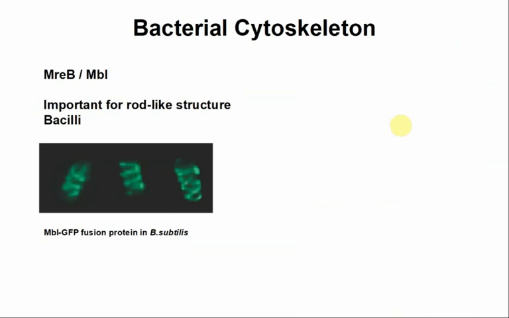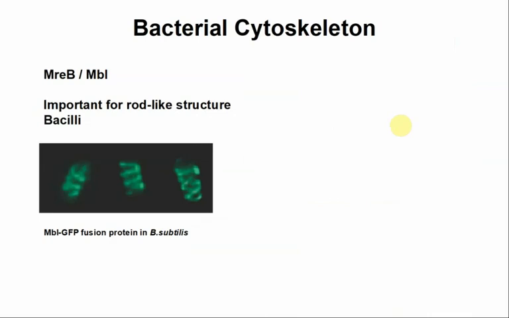Okay, so the bacterial cytoskeleton. Classically, one would say that the cytoskeleton is specifically eukaryotic and that bacteria do not have an organized cytoskeleton. That's generally true, but in fact, when you look closely, there are bacterial homologs of actin and tubulin proteins.